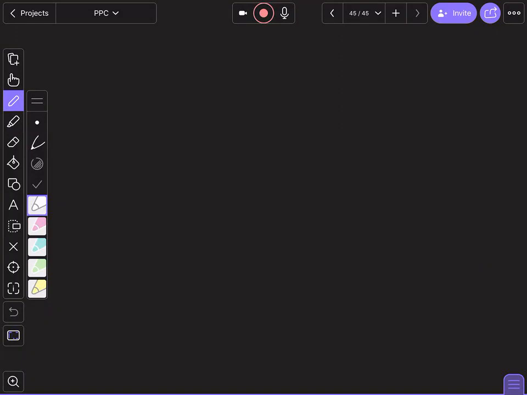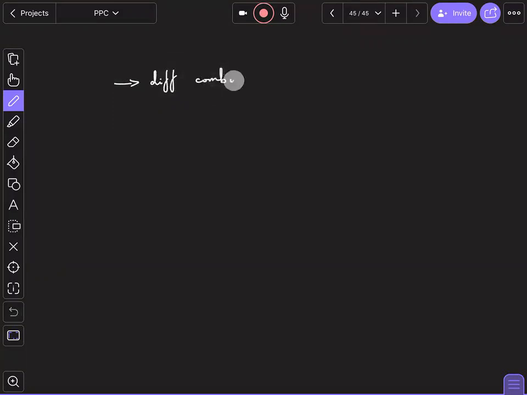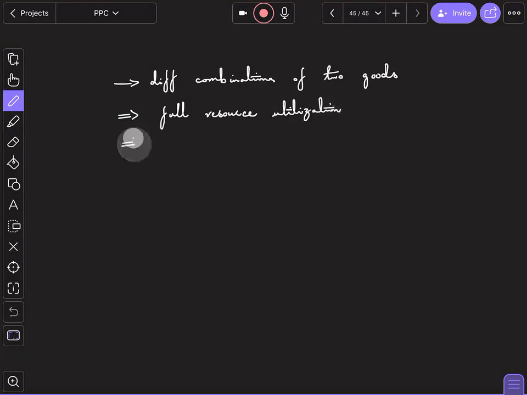So remember, what is the definition of PPC? PPC illustrates different combinations of two goods that can be produced in the economy with full resource utilization and constant technology.